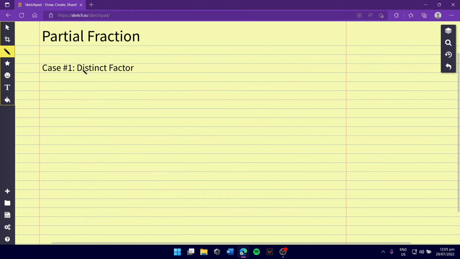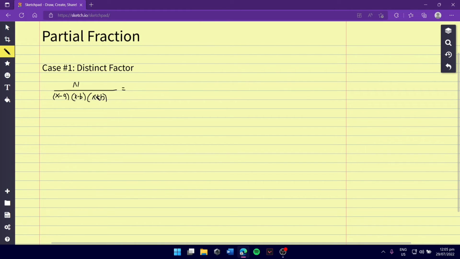So on to our next topic, we have partial fraction. In case number 1, we have distinct factors. In distinct factors, we have n over x minus a, x minus b, and x plus c. If the denominator of the term is factorable and its factors are different from each other, this is called your distinct factor.